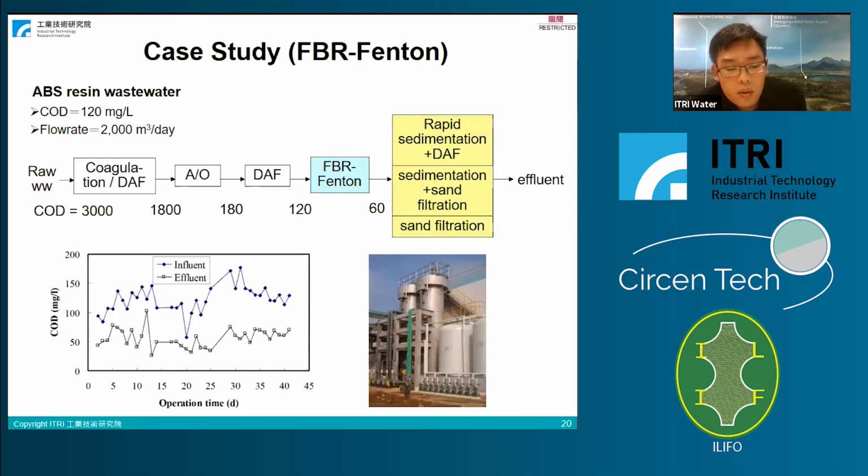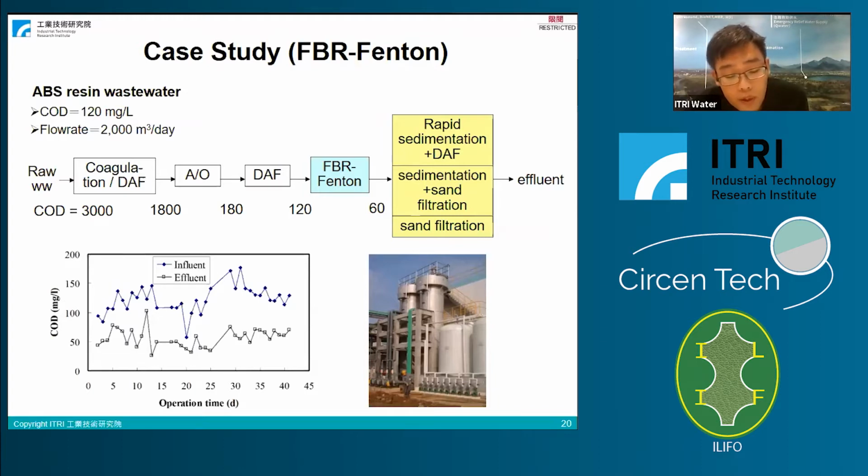This case is for treating ABS resin wastewater. The COD of the raw water is 3,000 milligram per liter, and the COD will decrease to below 200 milligram per liter after biological treatment.